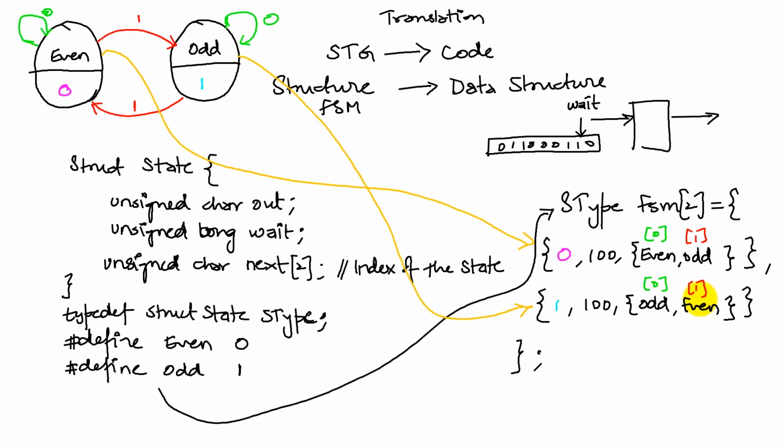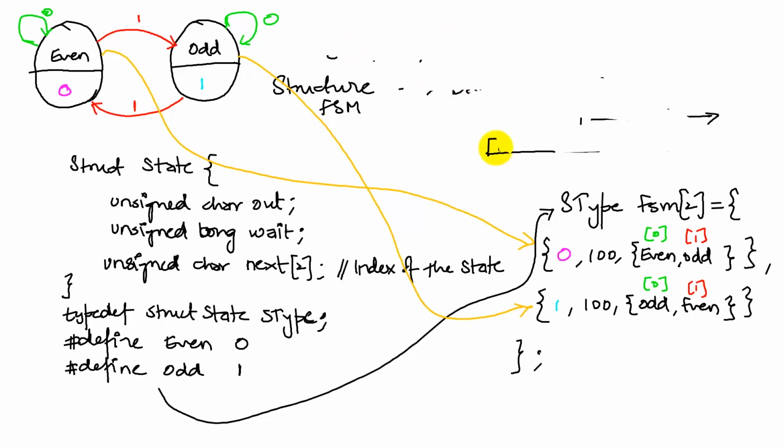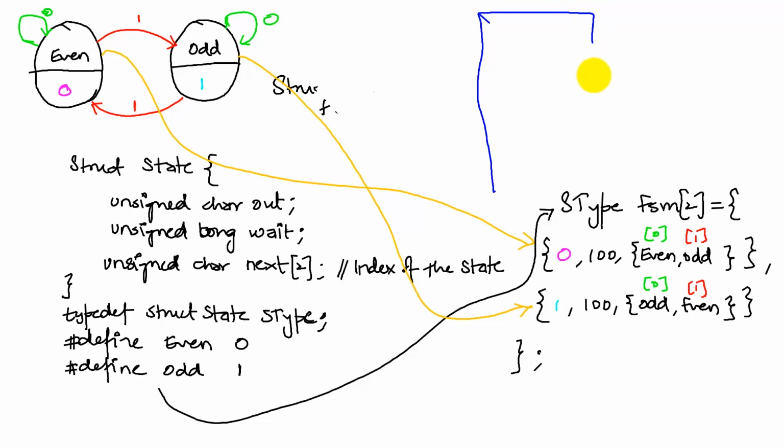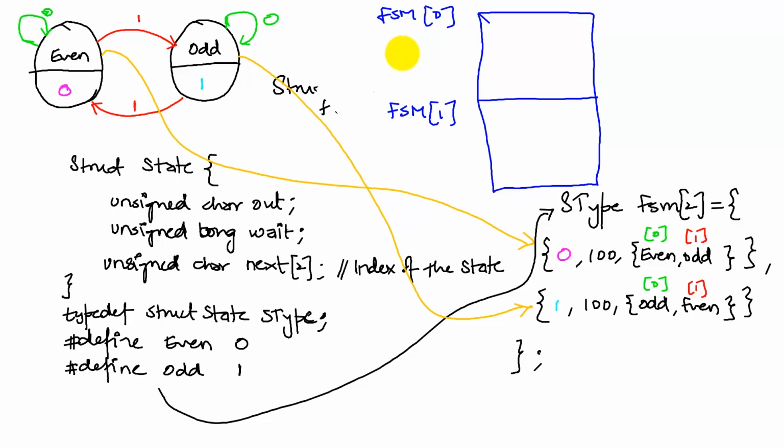So let's now visualize this as it would appear in memory. I'm going to erase this part here and see what gets created in memory, what gets stored in memory as a result of this declaration. This is my FSM of 0, and this is my FSM of 1, which, by the way, is my even structure and this is my odd structure.